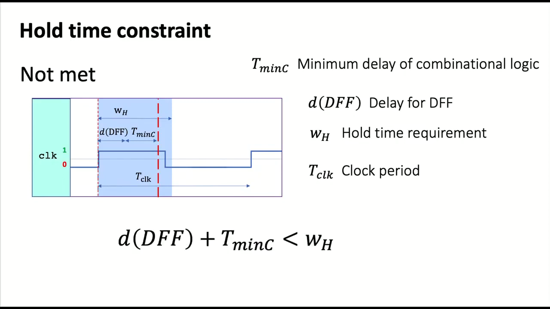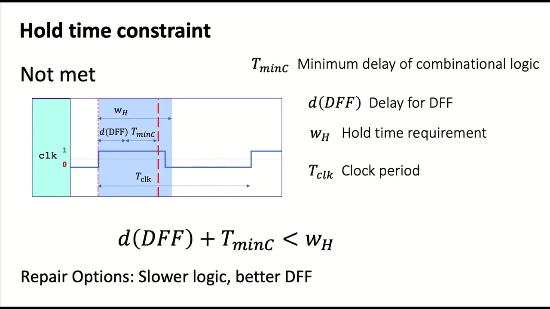All right, how do you fix this? There are only two ways to fix this. You could buy a better flip-flop with a smaller hold time, or you could make your logic slower. Now this seems counterintuitive. Why would you ever want to make your logic slower? Well, you need to, because basically you have a race with the flip-flops.